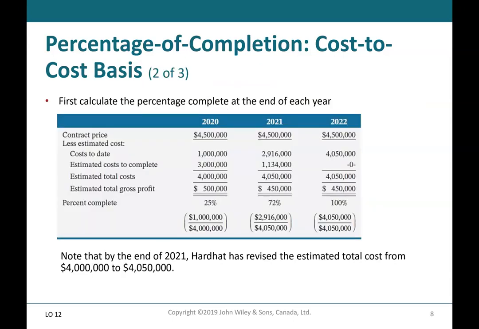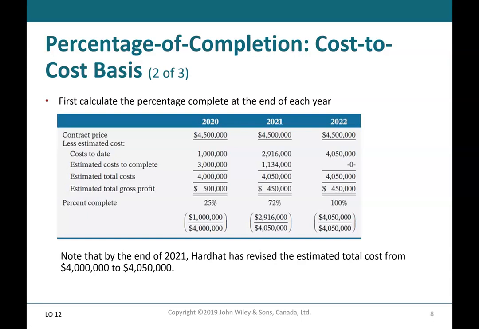Percentage of completion, cost-to-cost basis, 2 of 3. First, calculate the percentage complete at the end of each year. So we'll use 2020 as the example. Contract price, 4.5 million. Less estimated cost: cost to date, 1 million; estimated cost to complete, 3 million; estimated total costs, 4 million.